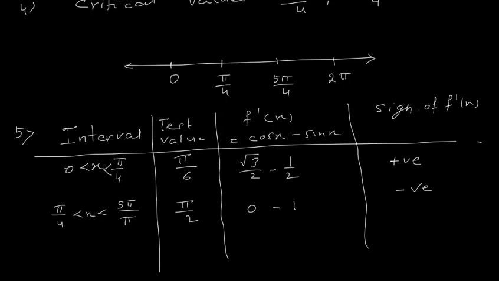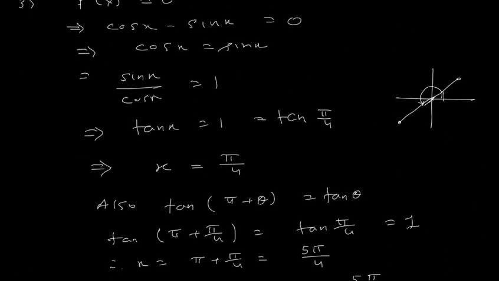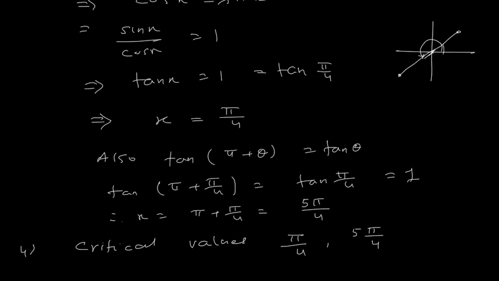Then finally we have 5 pi upon 4 to 2 pi. Now I will choose one value, say 3 pi upon 2. So if you see this diagram, you can choose for the second interval 90 degree or 180 degree, and for the final interval you can choose this 270 degree, that is 3 pi upon 2.